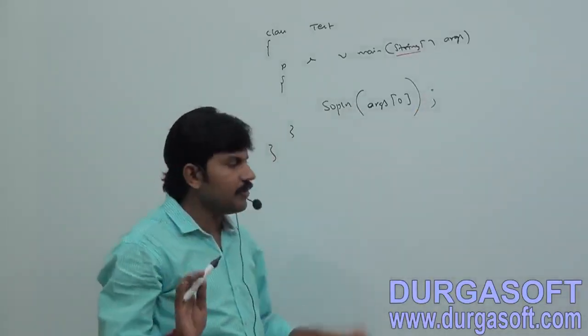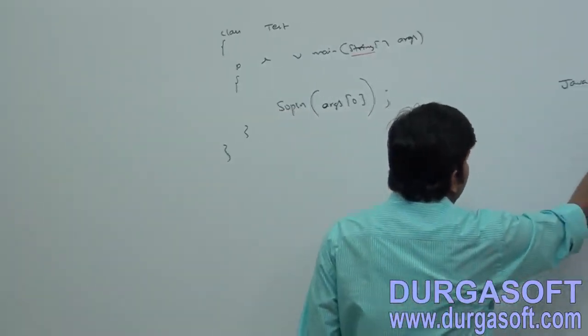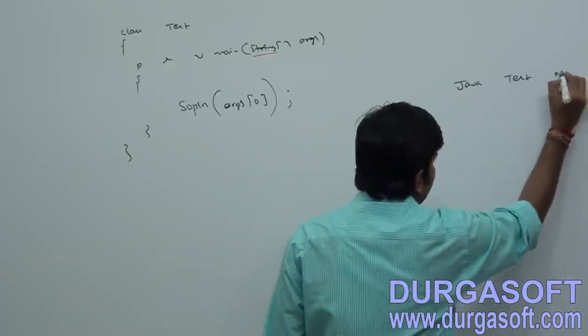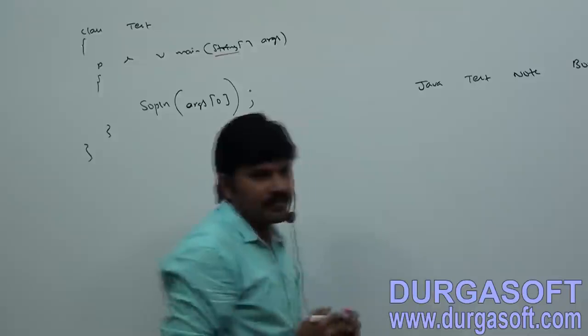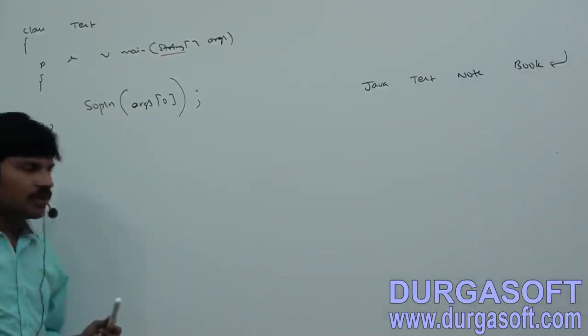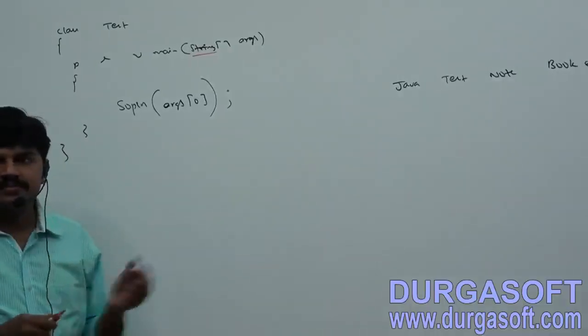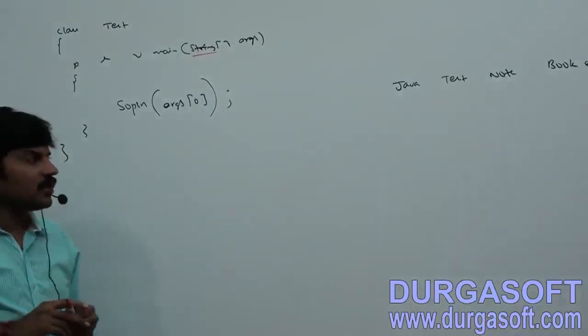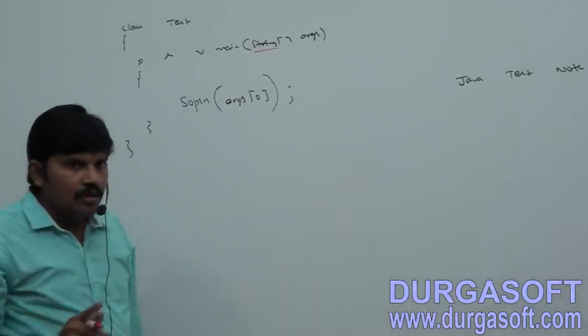Now my invocation is java test note book, like this I am taking. Can you tell SOP of args of 0, what is the answer? Note or notebook?